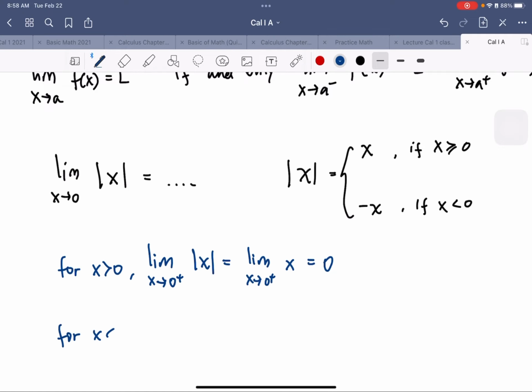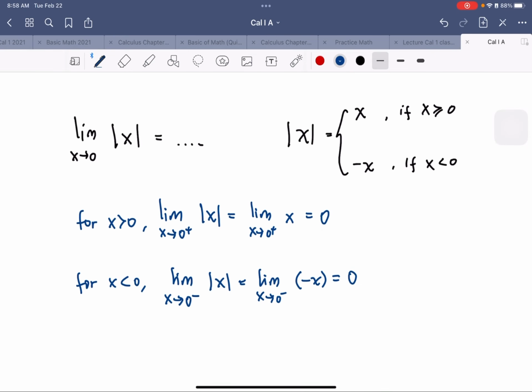For x negative, we have approaching from the left. It seems it's going to have the same value of 0. And then by the theorem, because the right-hand and left-hand limits are the same, 0, we can say as a conclusion that the limit is 0.